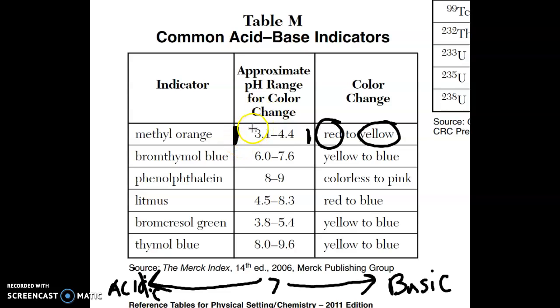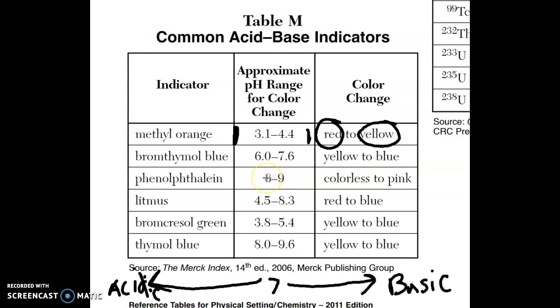So if you had a solution with a pH of about 3, you would know it's red. As soon as you pass 3.1, it's starting to get a little more yellow until you get to 4.4, and then it's purely yellow. And beyond 4.4, it's all going to be yellow.